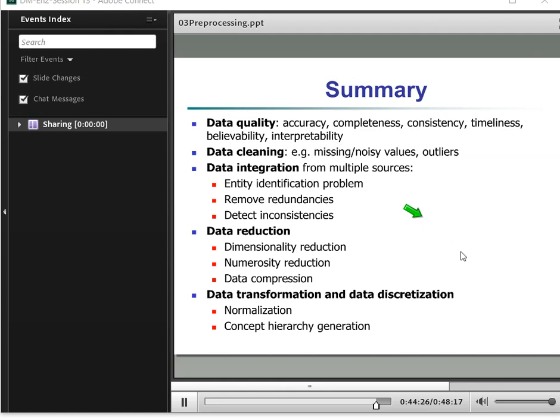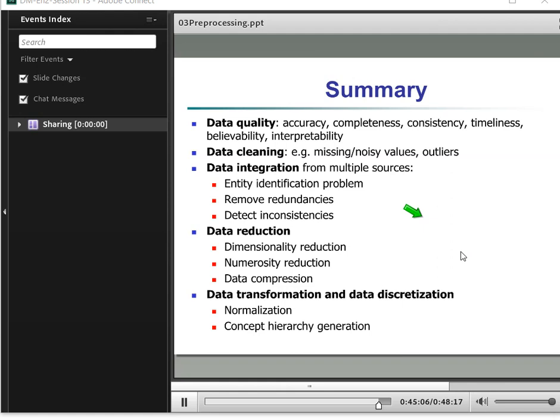But as we said, having simple data can make our data mining work easier than before.